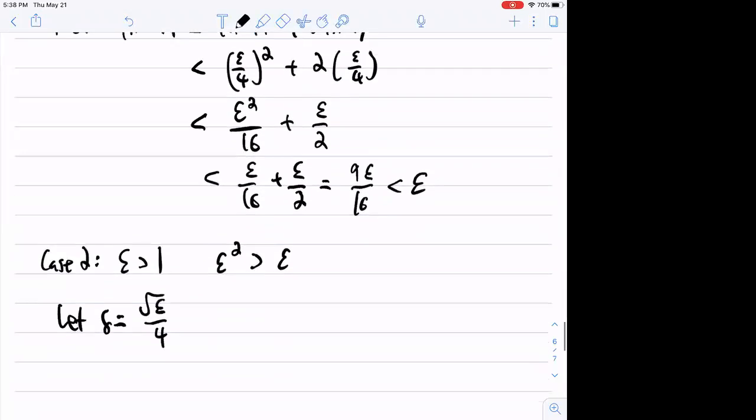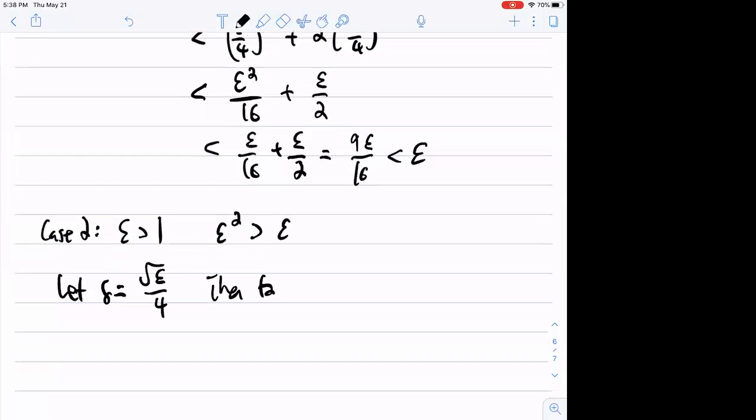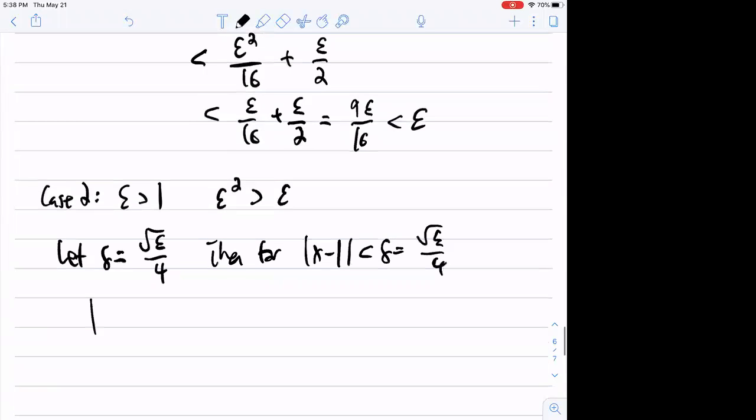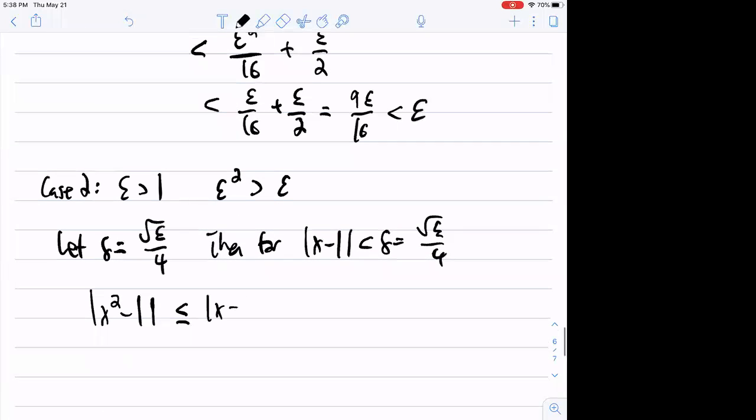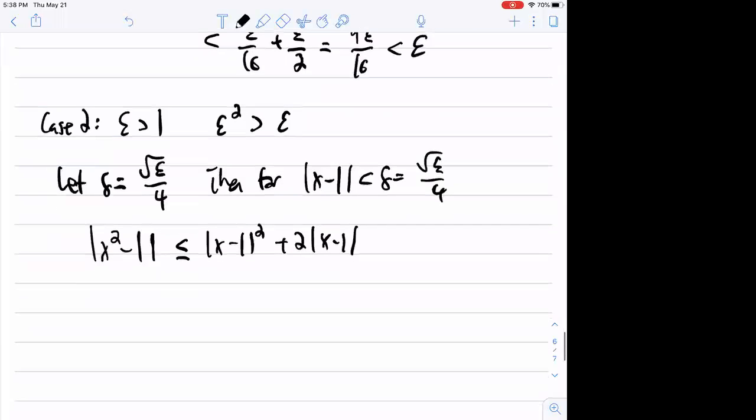Yeah. So then for |x minus 1| less than delta, which is equal to this thing, we have from the scratch work, |x squared minus 1| is smaller than or equal to |x minus 1| squared plus 2|x minus 1|. And again, this is less than (root epsilon over 4) squared plus 2 times root epsilon over 4.